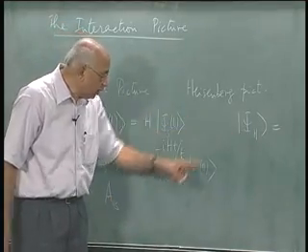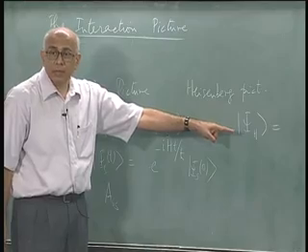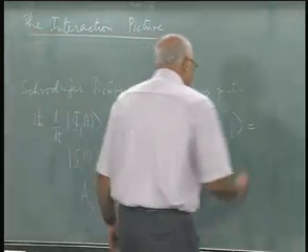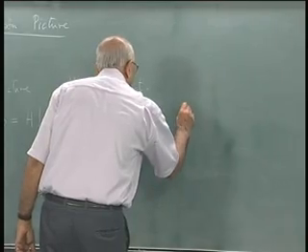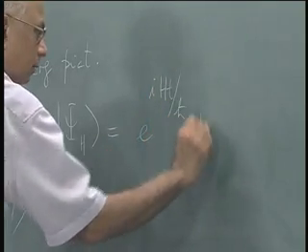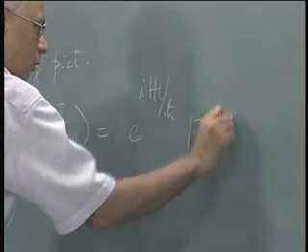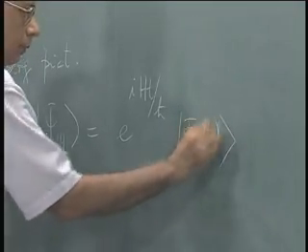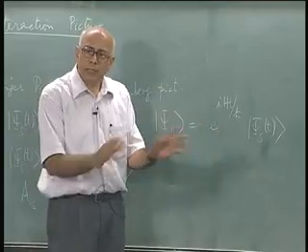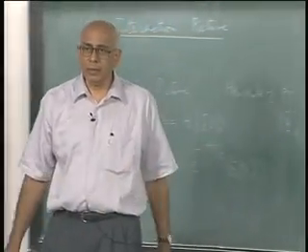So psi Heisenberg, which did not have explicit time dependence, was essentially this vector, or if you want to write it in terms of the Schrodinger state vector, it is e to the i H t over h cross psi s of t. In a sense what happened was that the time dependence of this and the time dependence of this cancelled out and you had a time independent state vector.